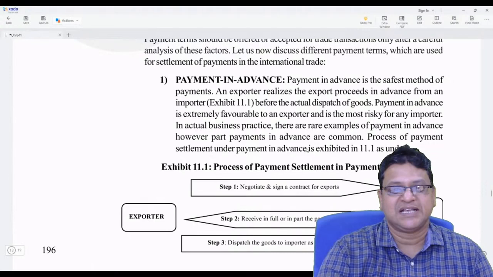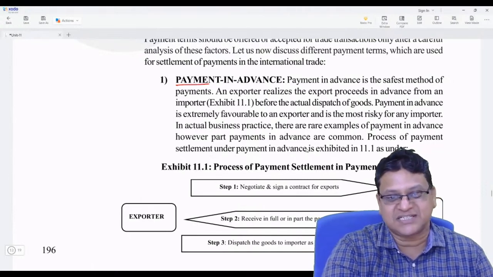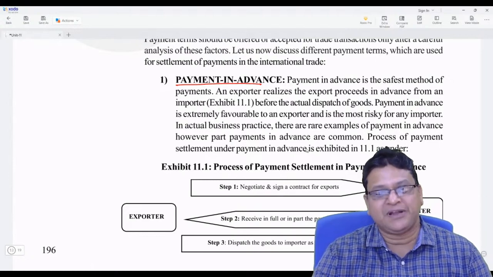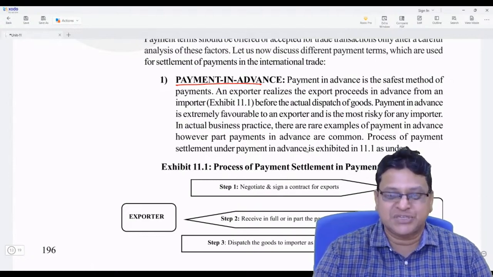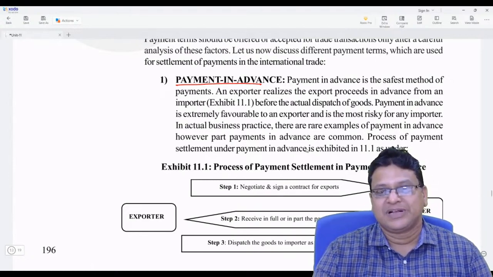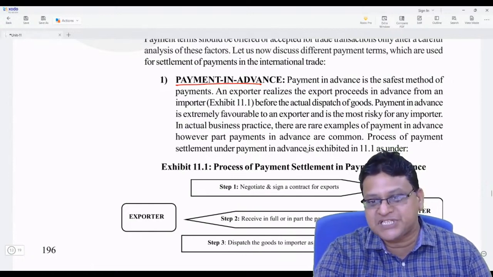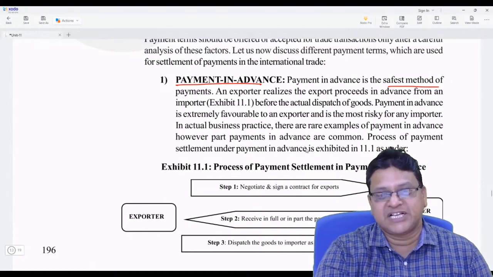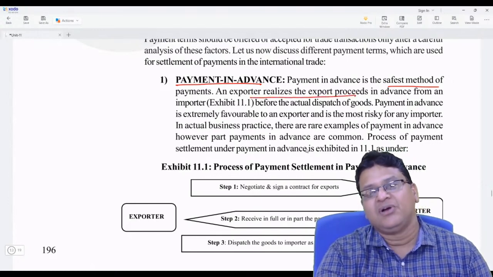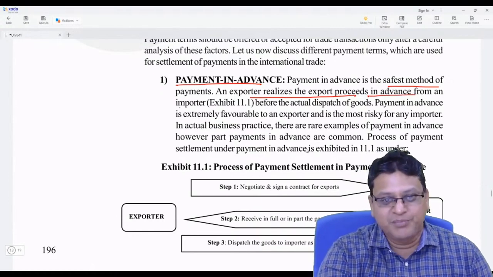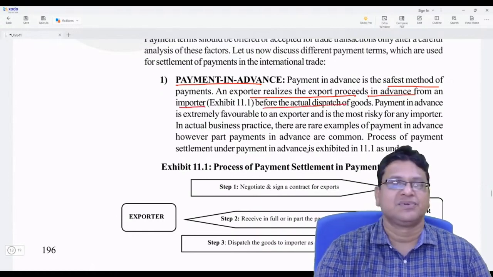One is known as payment in advance. What is payment in advance? It is a form of payment where the exporter claims advance from the importer. It is the safest mode of payment. The exporter realizes the payment in advance from the importer before delivery of the goods.